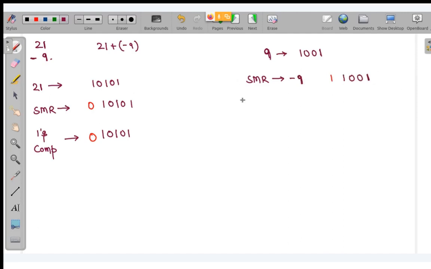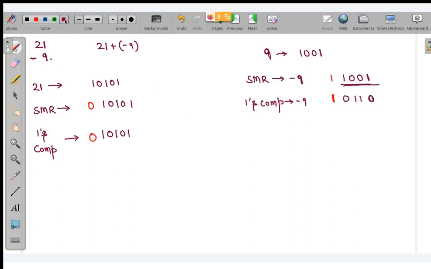In 1's complement, if I want to write minus 9, keep the sign bit intact, the remaining are magnitude bits, so complement them bit by bit. So this will be 1, 0, 1, 1, 0. So this is minus 9 in 1's complement.